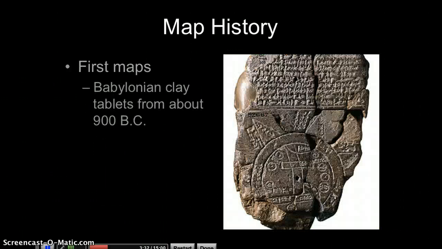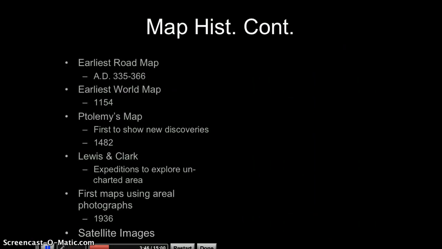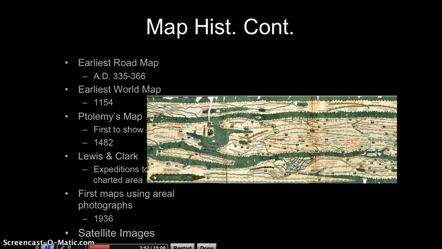A little history. First maps were found about 900 BC. So this is a map of the region. Obviously, it's nothing like the maps that we have today. The earliest road maps are circa 335, 336 AD.